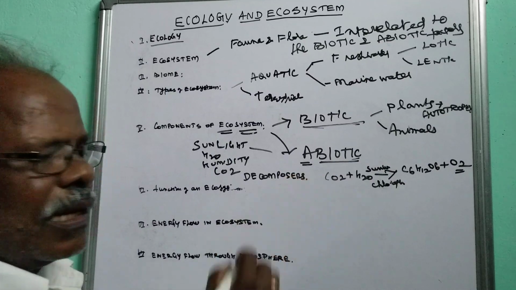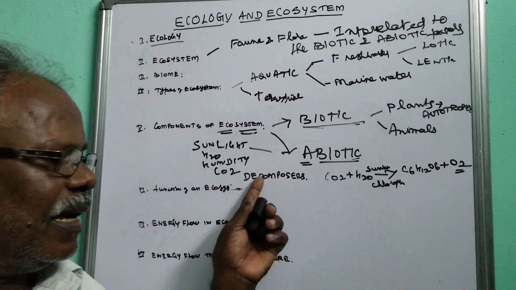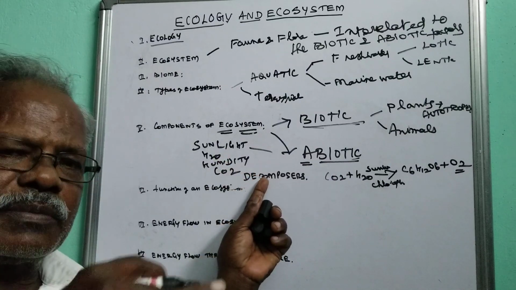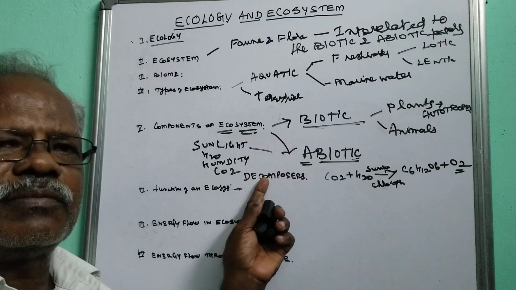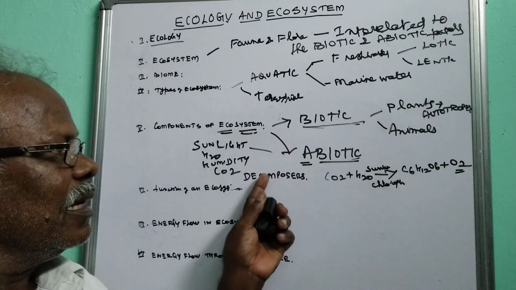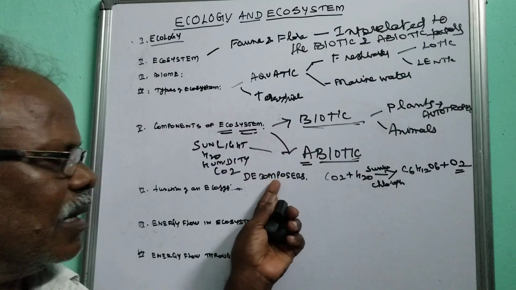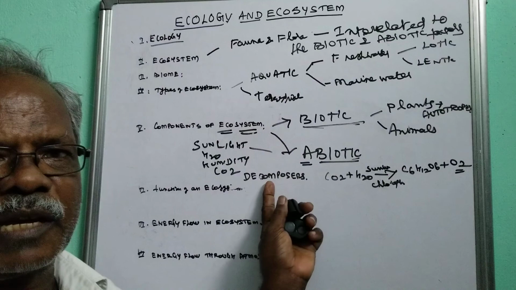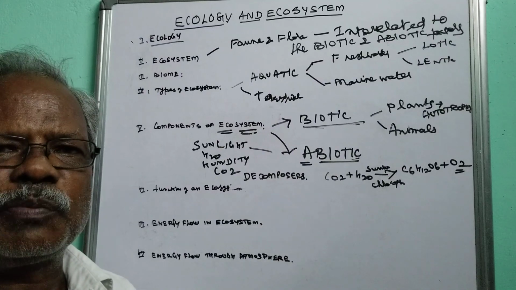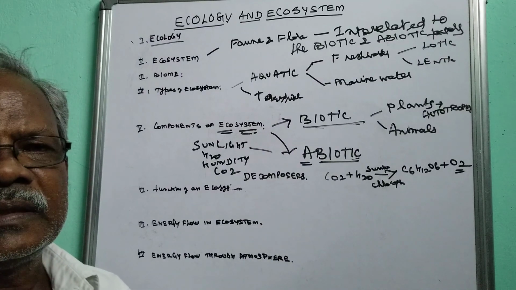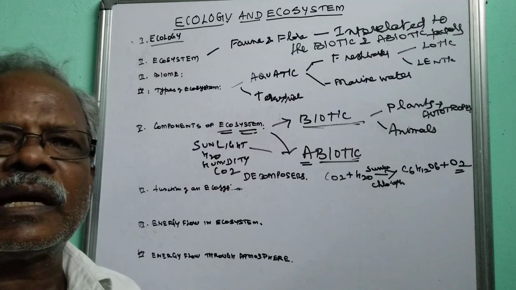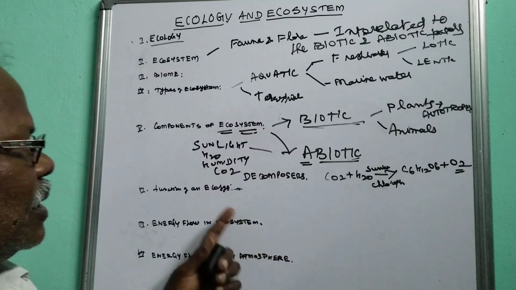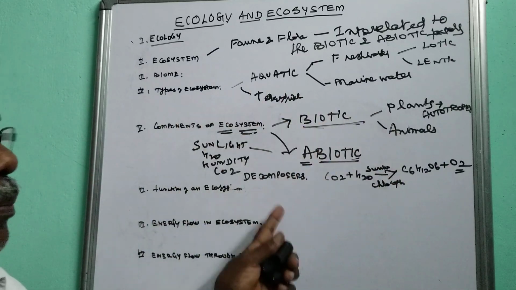Decomposers are bacteria, and their dead material becomes the sediment and forms the strata for the plants, or it provides food for the animals also. Decompose means it decomposes the dead materials and converts it into energy for supplying to the plants and animals. So this is called components of ecosystem.